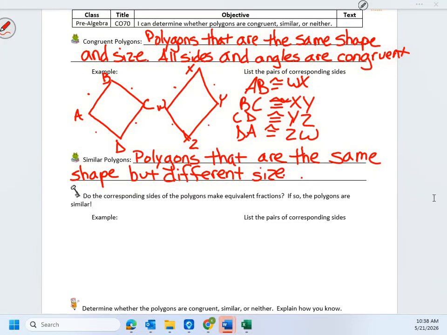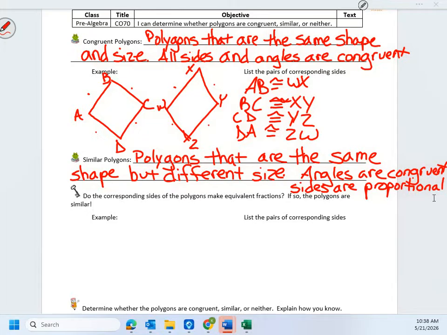That means the angles are congruent, and the sides are proportional. Every side. So same shape, different size.